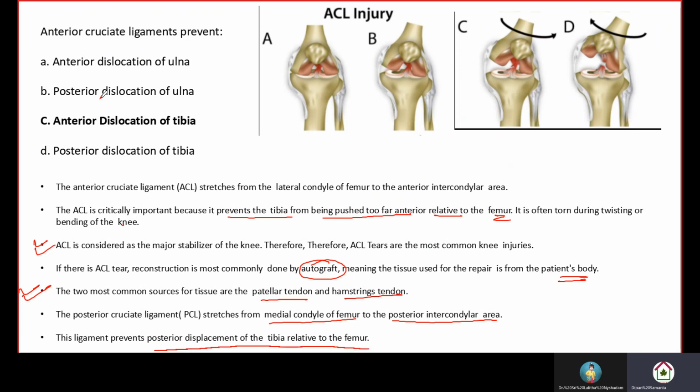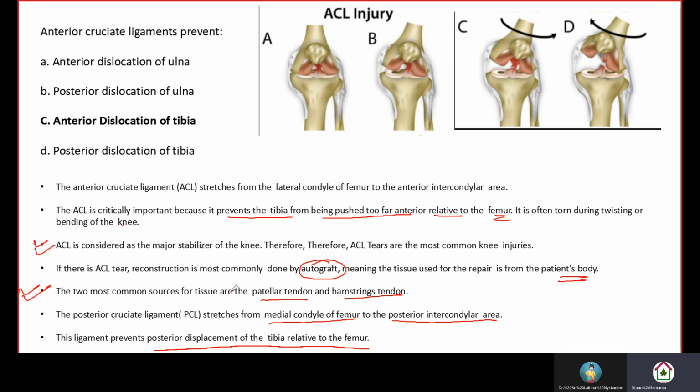So as the question goes, anterior cruciate ligament prevents anterior dislocation of tibia, while the question may also be that posterior cruciate ligament prevents posterior displacement of the tibia relative to femur.